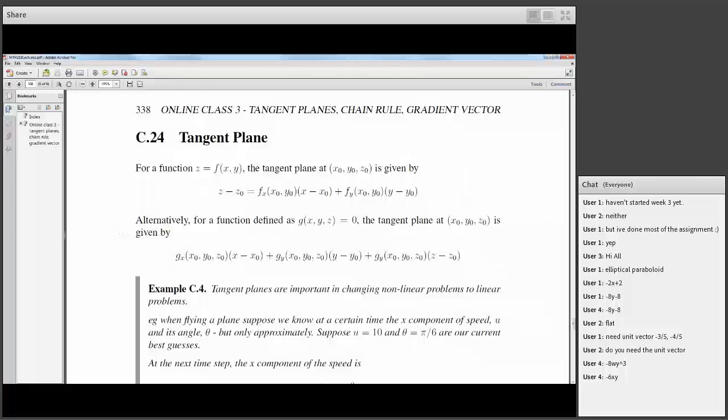So the last one is the idea of a tangent plane. You can work out the tangent plane to any sort of function. If you have z equal to a function of x and y, then this equation is how you work it out.